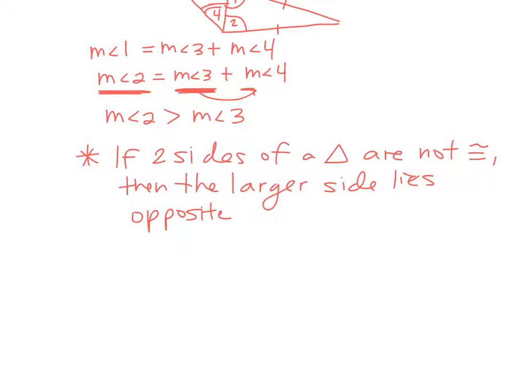The larger angle, my bad. Erase that. That's the other theorem. That's the next theorem, which is nice. They're just reverse of each other. The larger angle lies opposite the longer side.